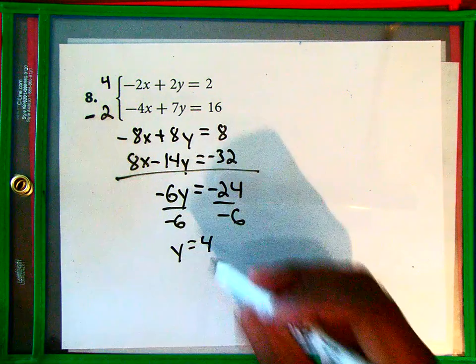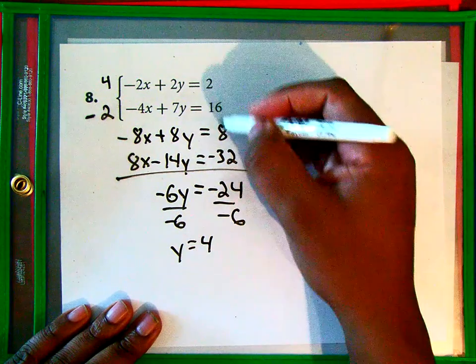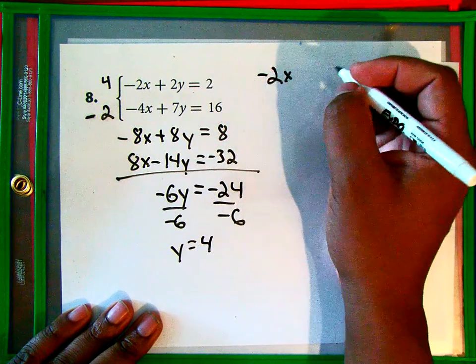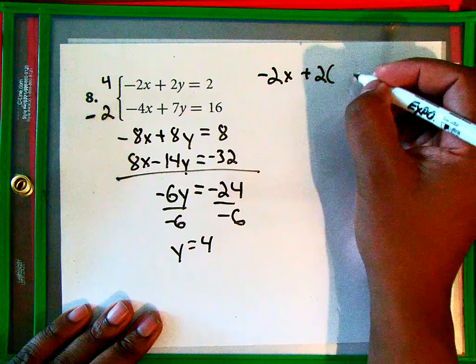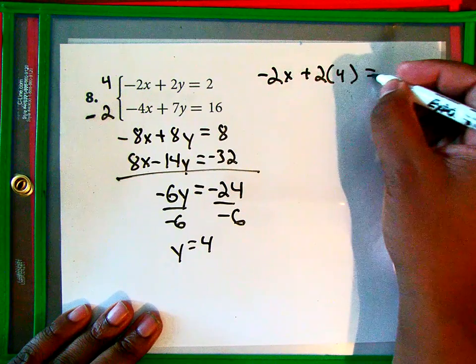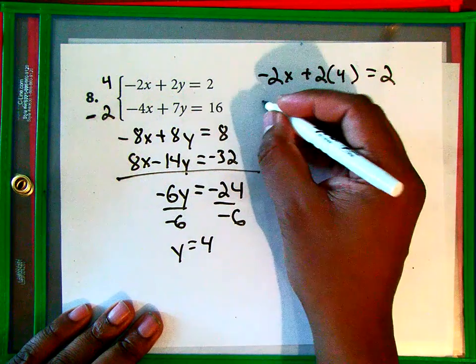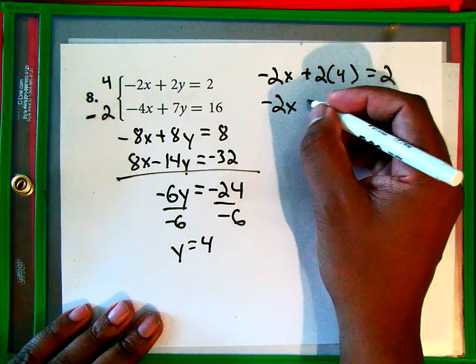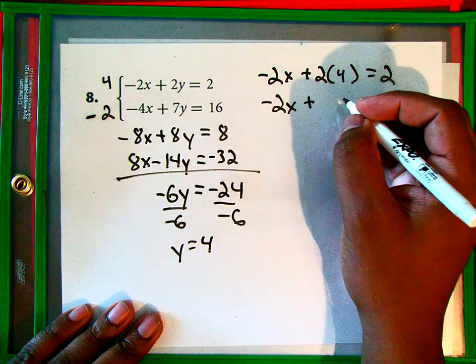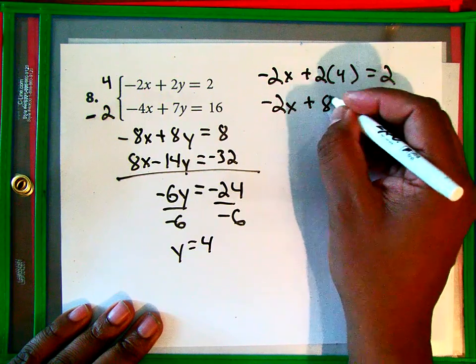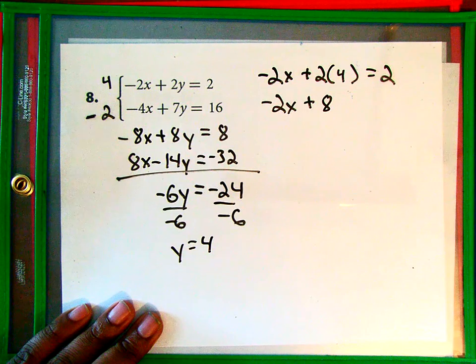Now I'm going to take that 4 and plug it in. You can pick either equation. I'm going to pick the first one here: 2 times x plus 2 times my y, which is 4. That's going to leave me with negative 2x plus 8 is equal to 2.